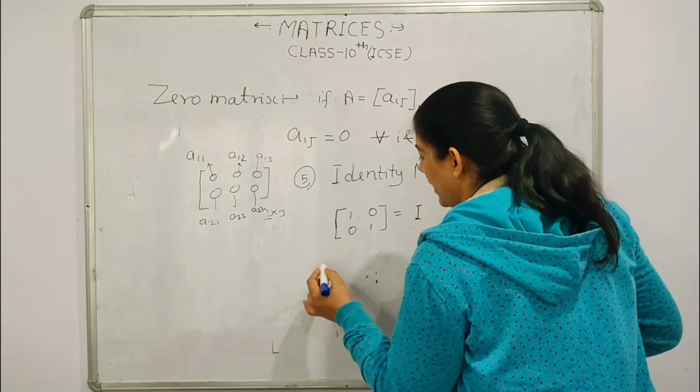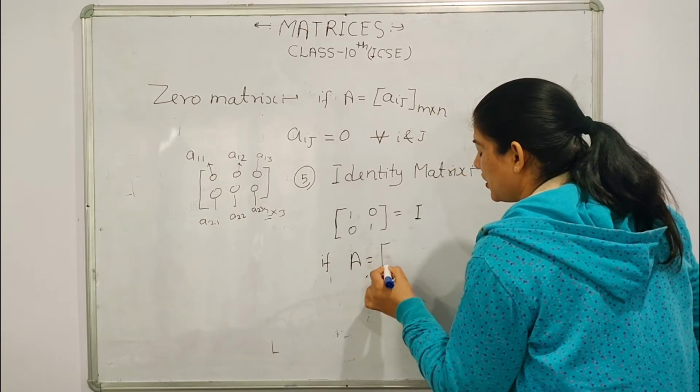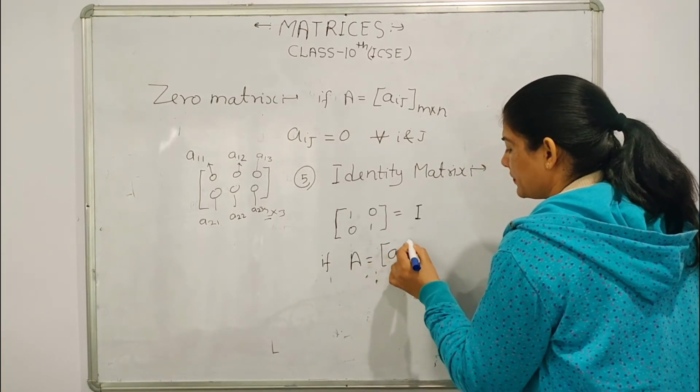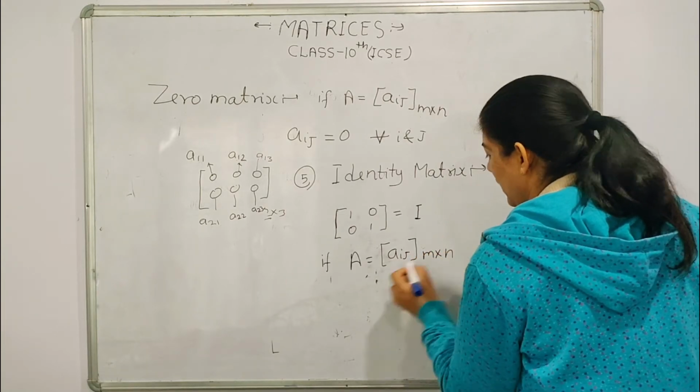This is called the identity matrix and is represented by I. So how can you write it in the form of Aij, m by n?